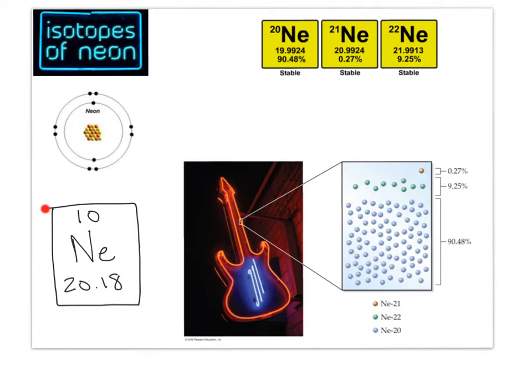Neon on the periodic table is shown as the symbol Ne, and it has an atomic number 10. So the atomic number 10 means that it has 10 protons and it has 10 electrons.